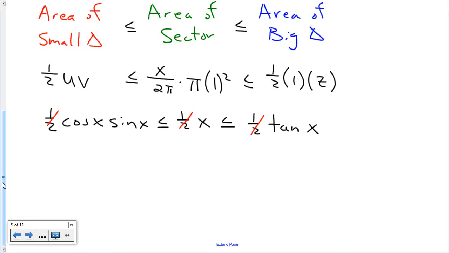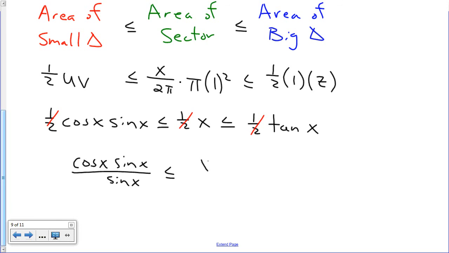All right, the next step of this is I want to get sine of x over x in the middle, so I'm going to divide everything by the sine of x. When I take cosine of x times sine of x and I divide it by the sine of x, some nice things are going to happen there. You can see the sine of x's are going to cancel out.